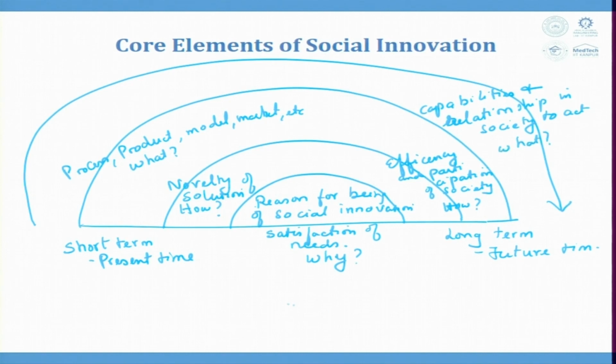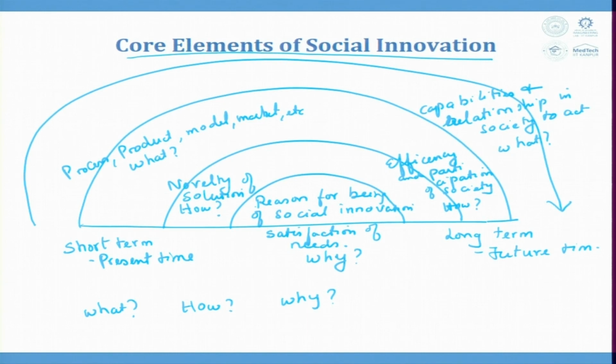So, it is very easy. The inner circle will ask why questions, the next circle will ask how questions, and the third one will ask what questions. So, what, how and why are the 3 questions which play a very important role in establishing the core elements of social innovation.